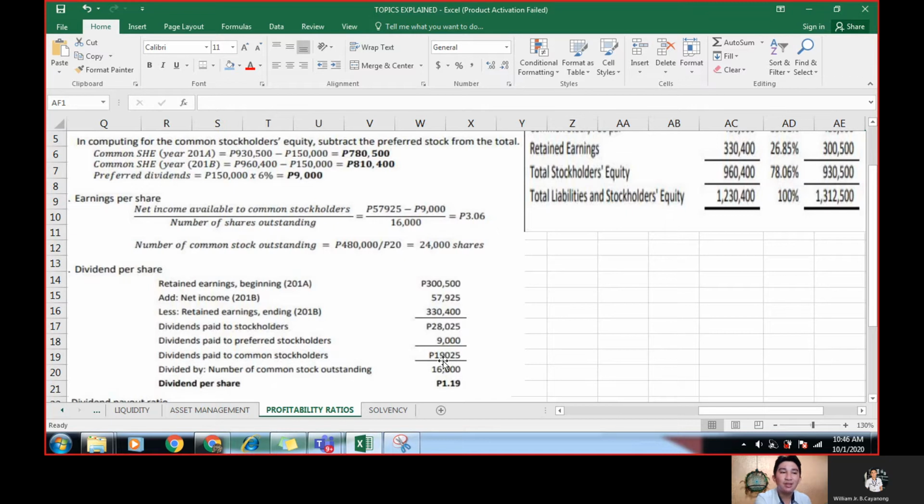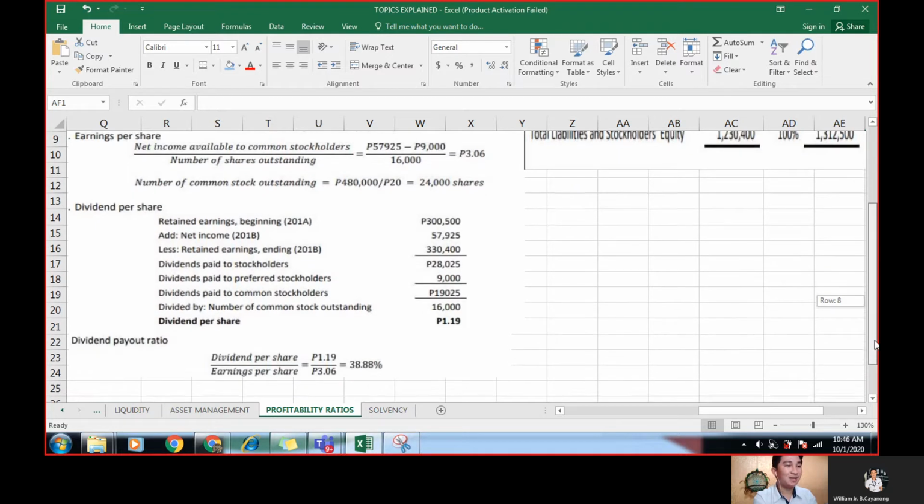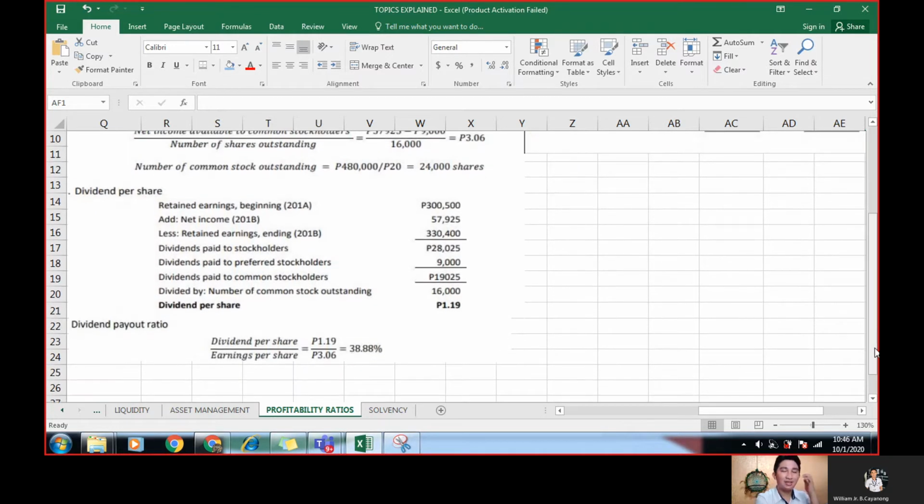So 19,025 divided by 16,000 is equal to 1.19 pesos per share. Therefore, ang kada share ng isang investor, bibigyan siya ng dividend na 1.19 pesos. Okay, so yan lang ang dividend per share, which is 1.19.